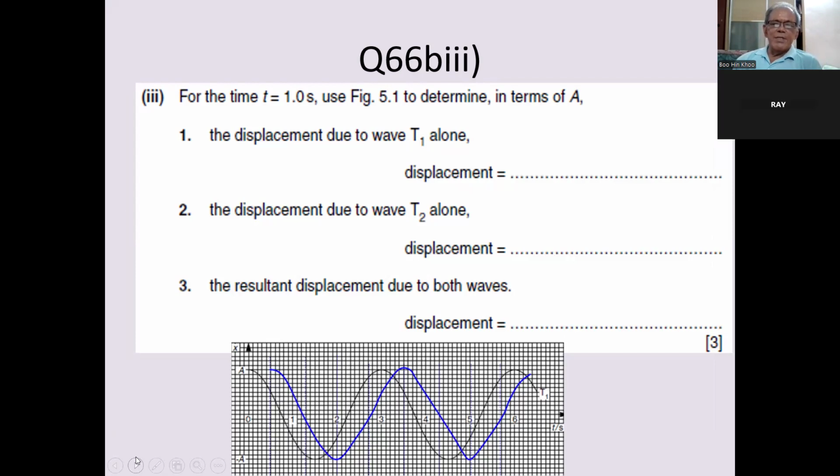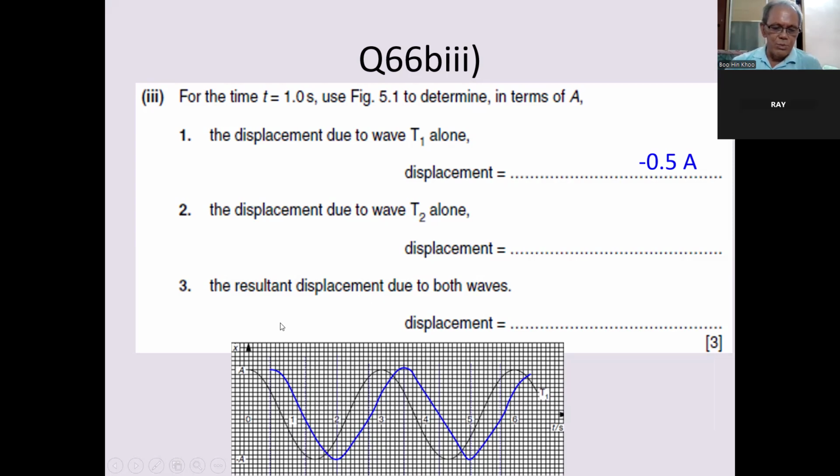Use figure 5.1 to determine in terms of A the displacement due to wave T1 alone. This one is reading from the graph itself. 1 second is here. Read from the graph itself. Negative. Displacement due to T2 alone.